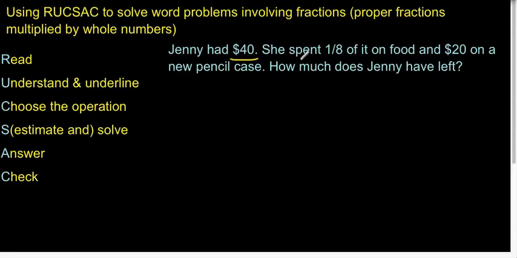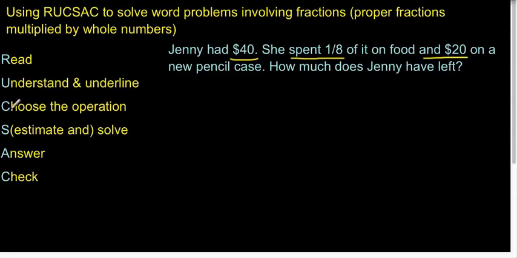She spent 1/8 of it. When she's spending, that means there's going to be some subtraction in there. And $20 on a new pencil case. The important bits are she started with 40, she spent 1/8 of it, and then she spent another $20. So how much does she have left altogether?